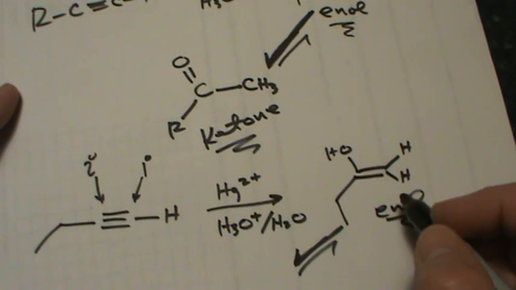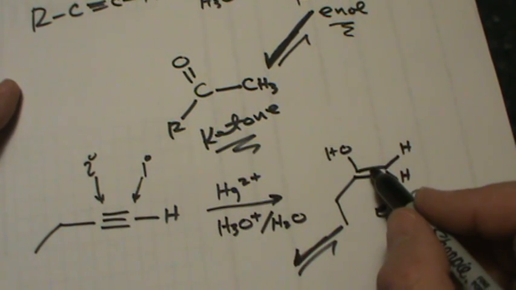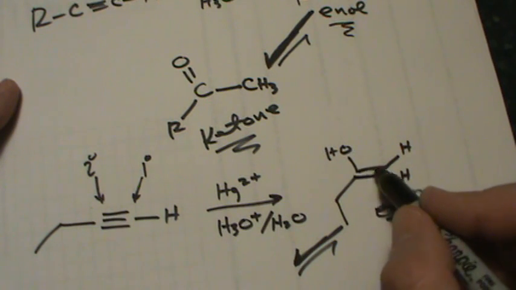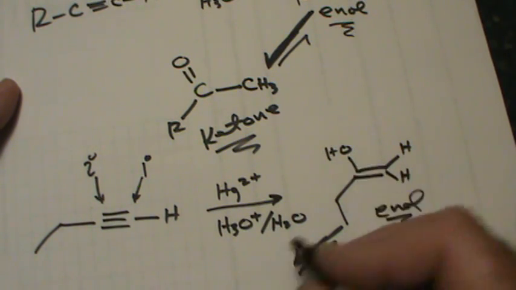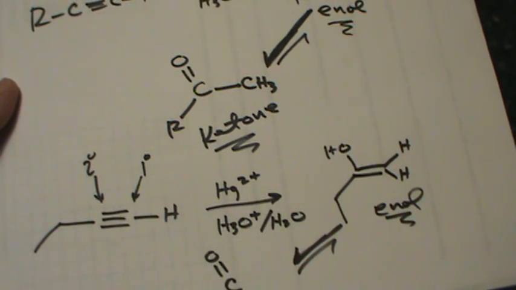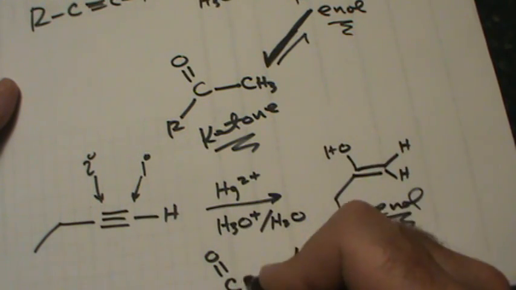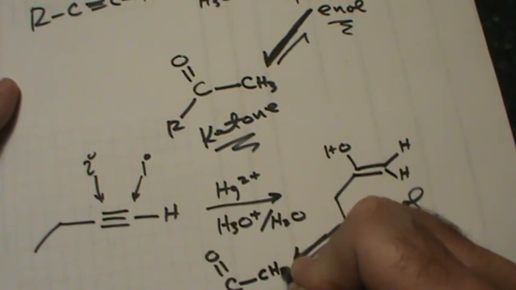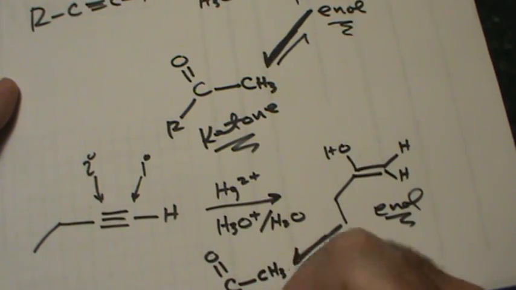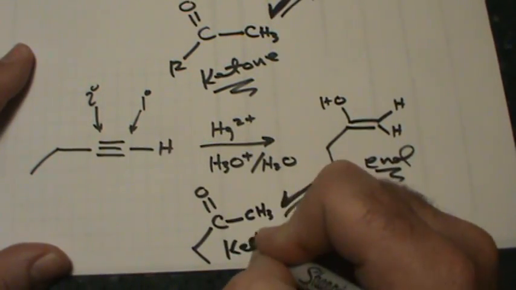Once again, the way we think about this equilibration at this stage of the game anyway, is that we simply migrate the pi bond from this carbon-carbon area of the molecule to the carbon-oxygen area of the molecule. So now I've got a carbon-oxygen double bond. This carbon over here is going to pick up that hydrogen, so now I have a CH3, and the ethyl group remains intact. And this is just simply a ketone again.